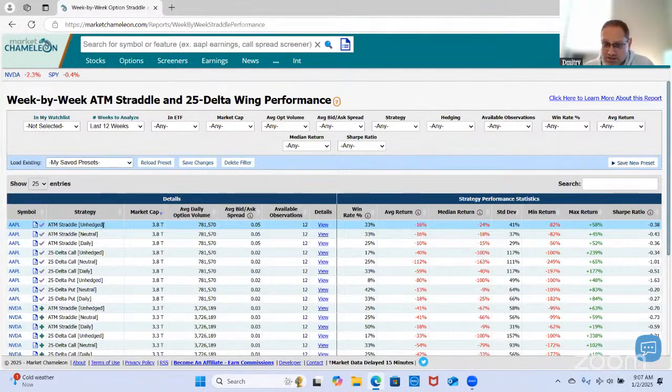Since we're referencing actual options, the stock could be, let's say, 101 or 102, and the closest strike is 100. That would mean the call would be more in the money and the put more out of the money, so it has a long delta, or vice versa if it's below the strike.